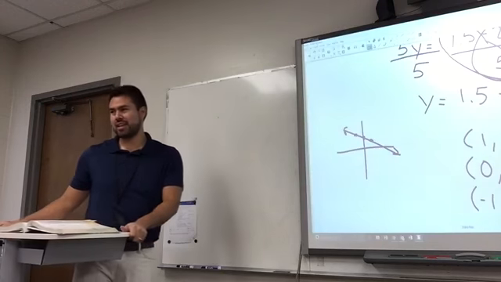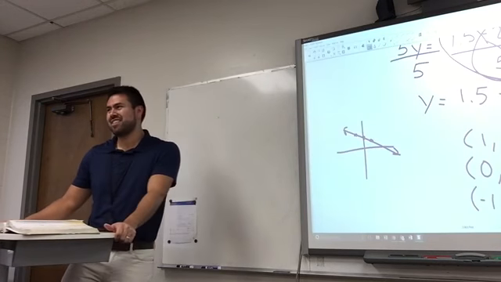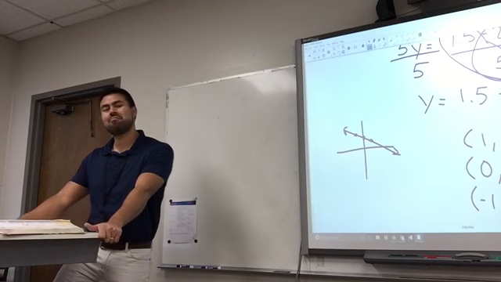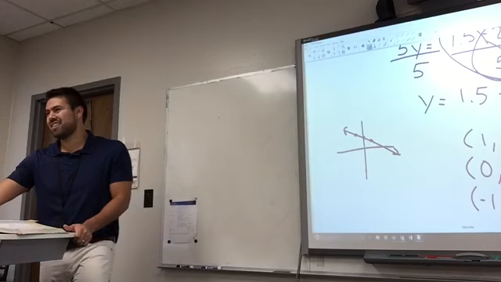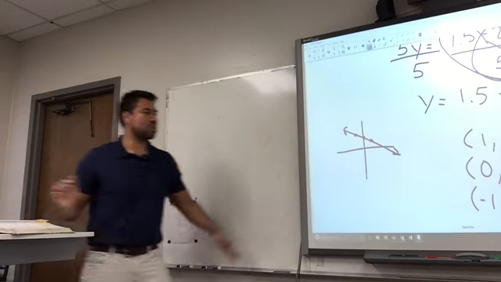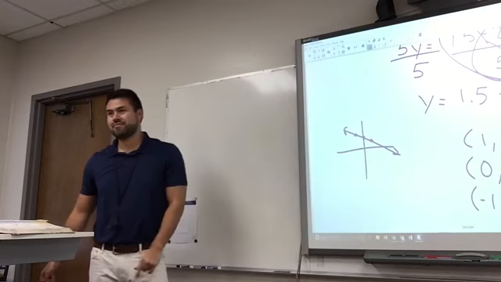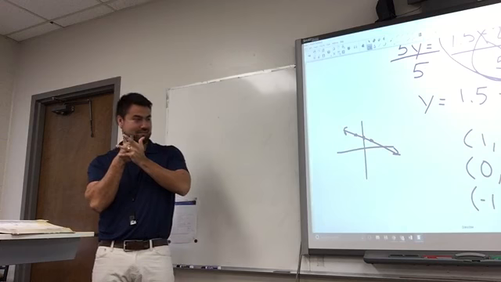I sketched it. I did not draw it exactly. It's a line. You got it? That's okay. But you should get this shape and this slant. Oh, I graphed 0.5 instead of 1.5.